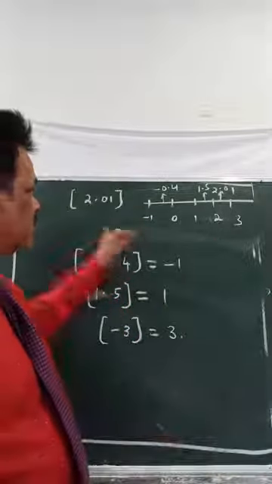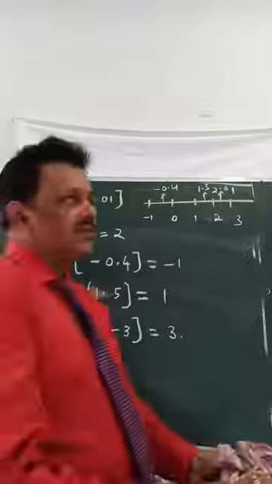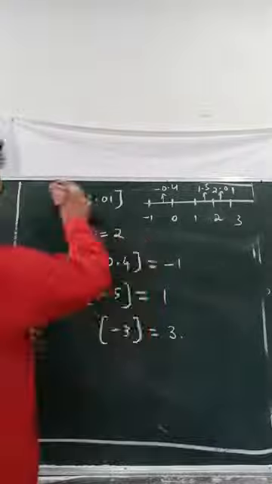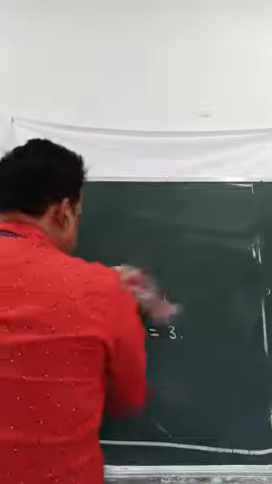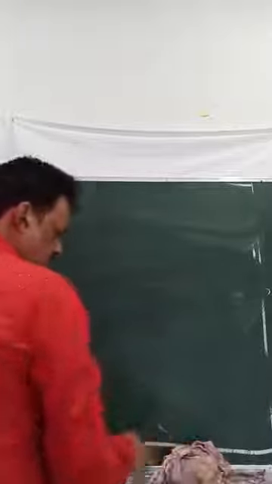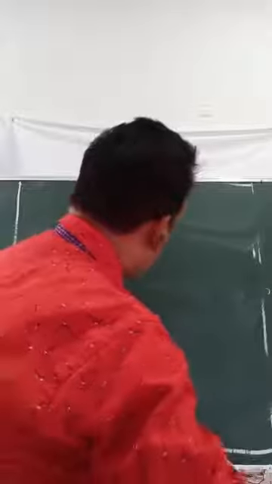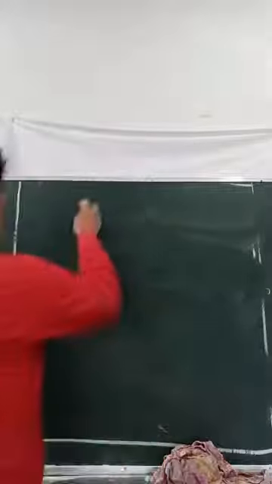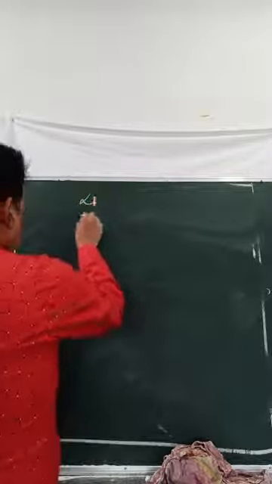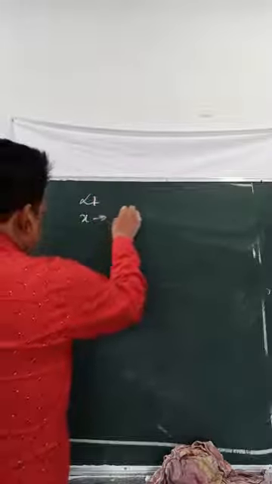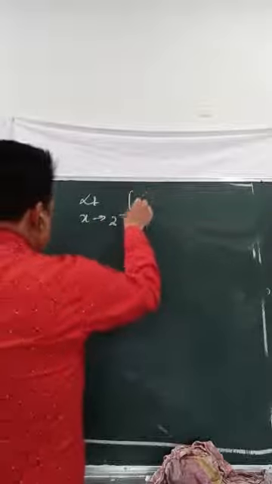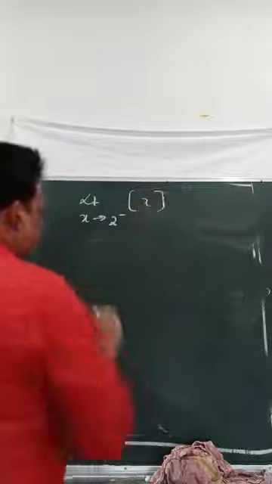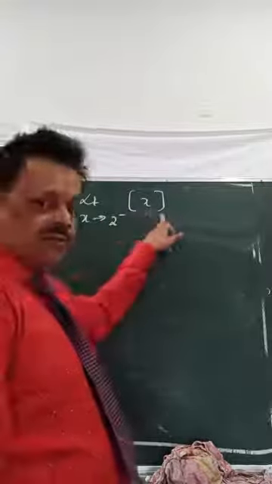But when you discuss the limit of the function, try to understand here. When you write limit x tends to 2 minus of box of x, see how you are going to calculate.